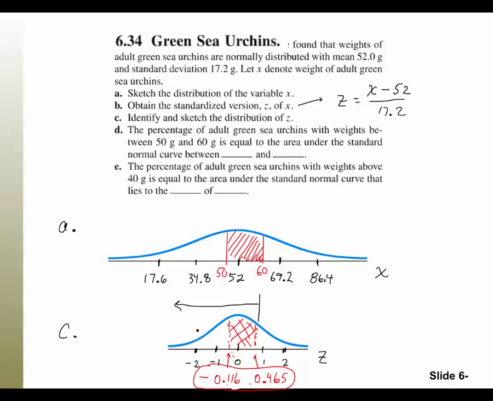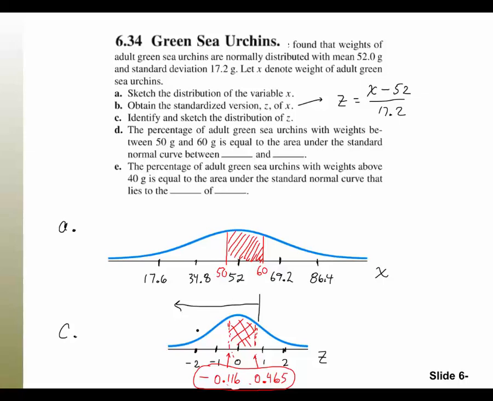And then you're going to go to 0.6 here, and 0.7 here. The best we can do is the average of those two. So 0.46 is 0.6772, right? And 0.47 is 0.6808. So we want the average of those two, which would be 0.465.